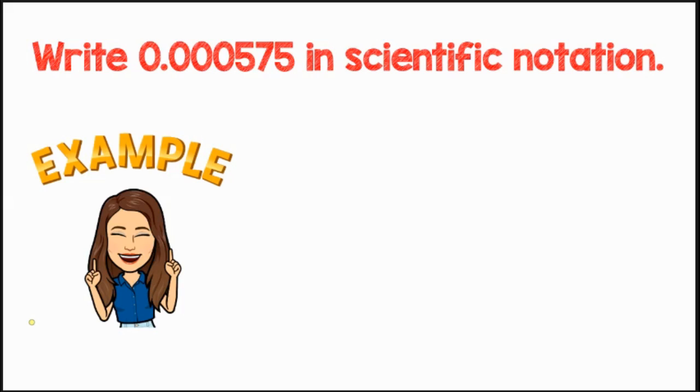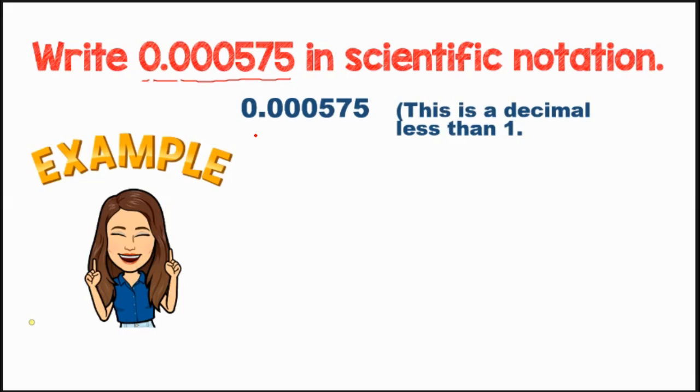To make it even clearer, let's compare it with this relatively small number. We have 0.000575. Let's write it in scientific notation. So this number is a decimal less than 1. We have to write it in the form such that a is between 1 and 10. So let's move our decimal point n units. 1, 2, 3, 4.